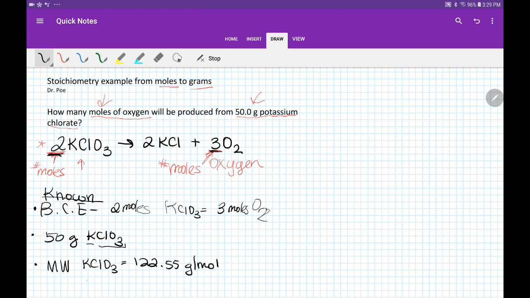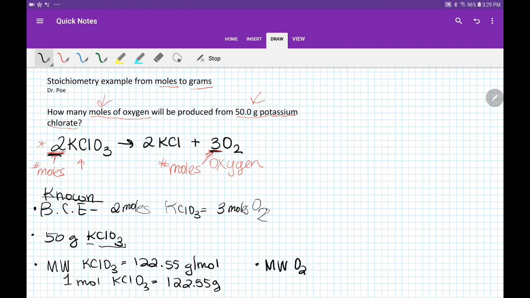What that means is that if we have 1 mole of KClO3, it is going to weigh 122.55 grams.